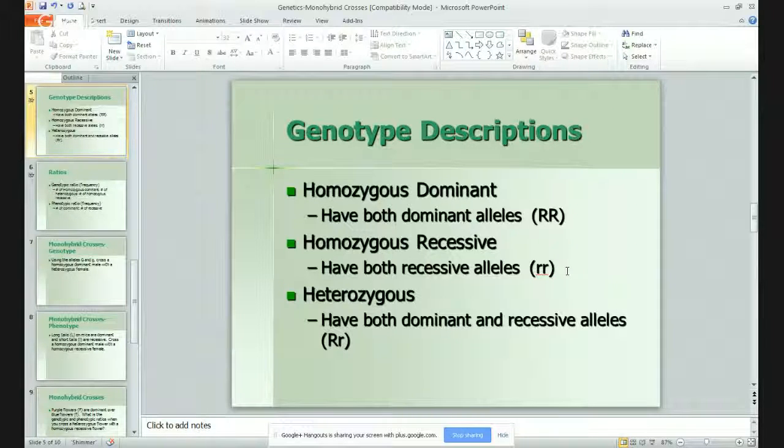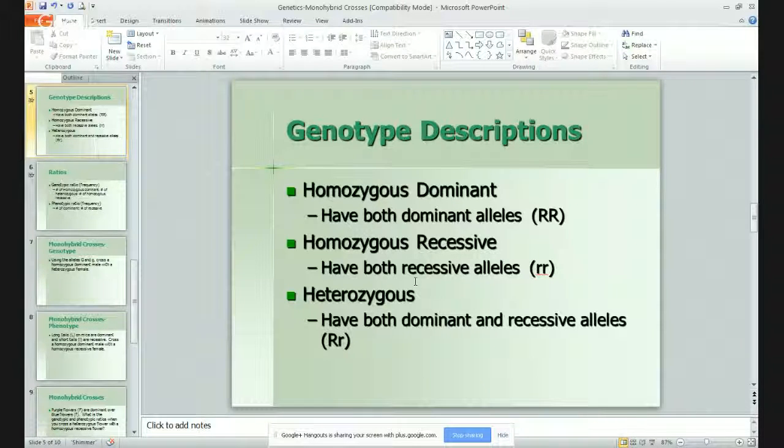The last one you can have is heterozygous, where you have a dominant and a recessive allele. Heterozygous means different. So homozygous dominant, two capital letters. Homozygous recessive, two lowercase letters. Heterozygous, one capital, one lowercase.